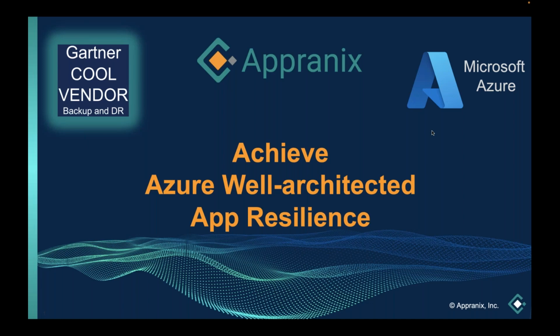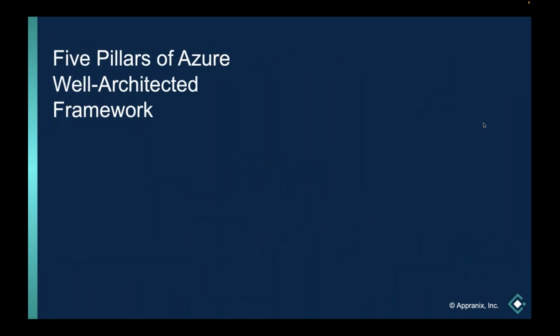We'll talk about the well-architected framework with respect to Azure, and how within that framework and best practices, we'll talk about the application resilience component of it. Now, there are 5 pillars to Azure's well-architected framework. We are not going to cover every one of them, right?